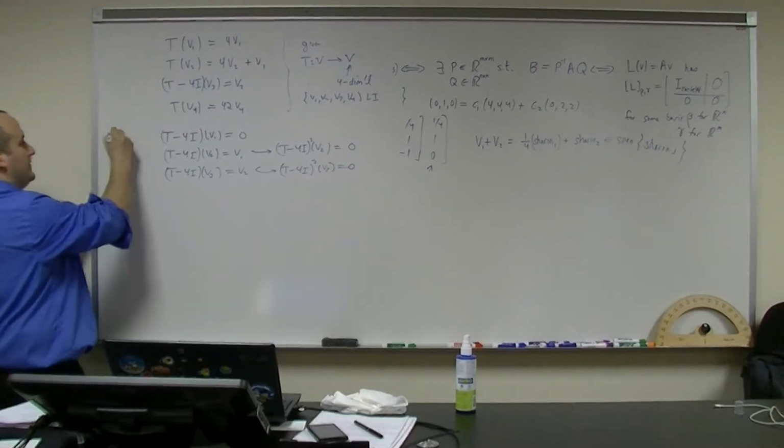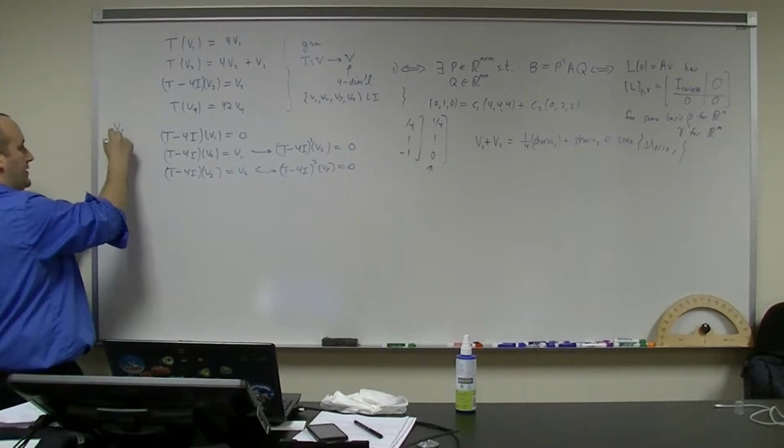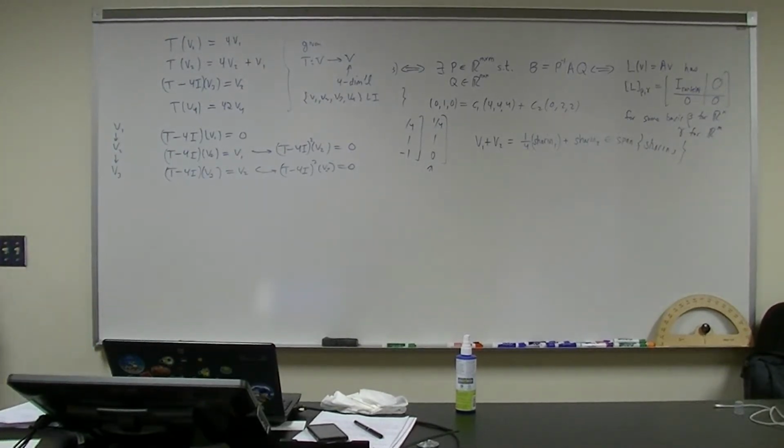In other words, V1, V2, and V3 is a 3 chain, or a 3 cycle, if you like, corresponding to eigenvalue 4 for T. And then I've got that isolated eigenvector with eigenvalue 42.